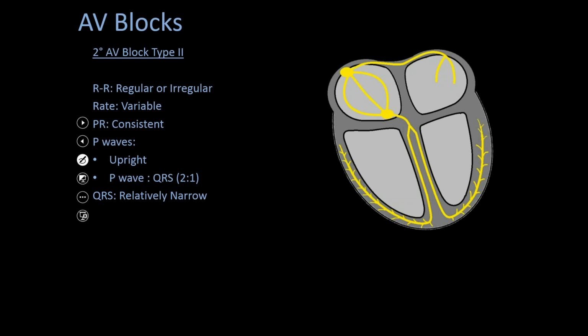Type 2, second degree AV block. The distinction between type 1 and type 2 is that in type 2, the PR does not lengthen.